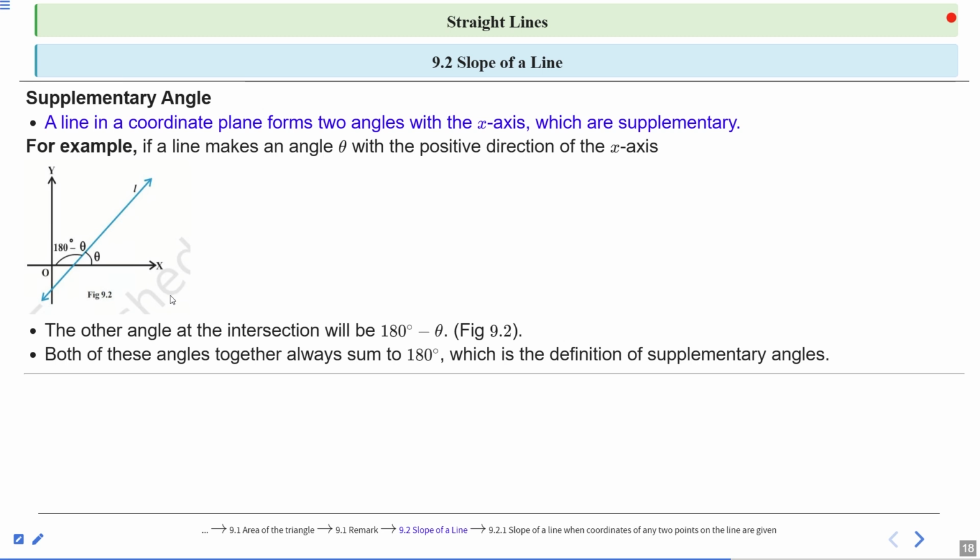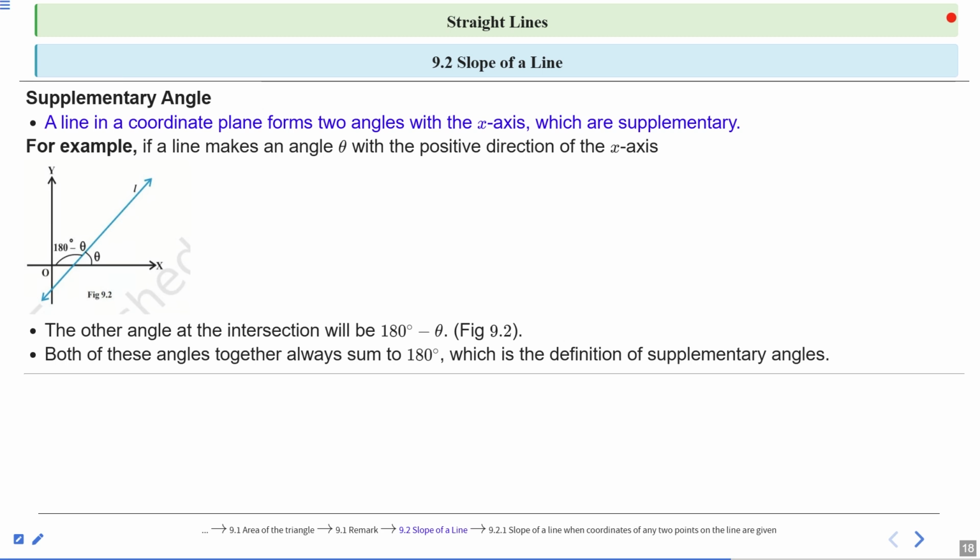If we have two angles and these two angles are supplementary, then the sum of these two angles is always 180 degrees. Here in this figure we have two angles with the x-axis, theta and 180 degrees minus theta. If we take the sum of theta and 180 degrees minus theta, we get 180 degrees.